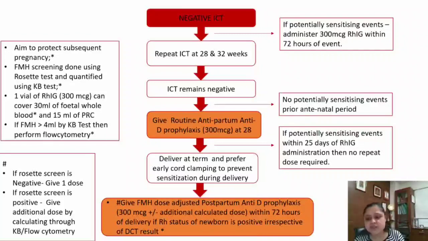We will be discussing how to calculate the dosage in a short while in subsequent slides. One important point to be noted: after performing the KB test, if the FMH is more than 4 ml, then we need to conduct flow cytometry, if it is available in your center, to calculate the exact dosage of the RH immunoglobulin.